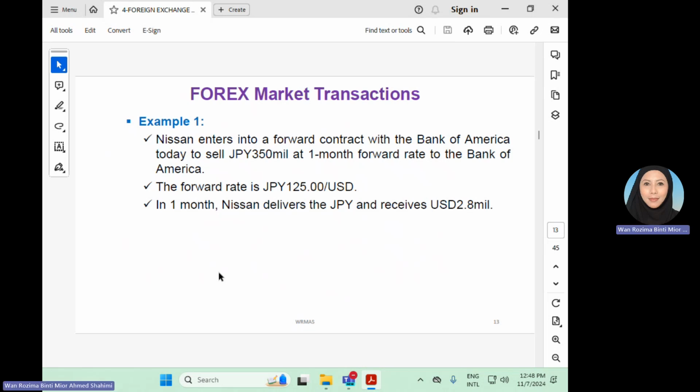Why divide? Can you see the same location, at the front? Japanese yen is at the front, so you have to divide. 350 divided by 125, then you will get 2.8 million.